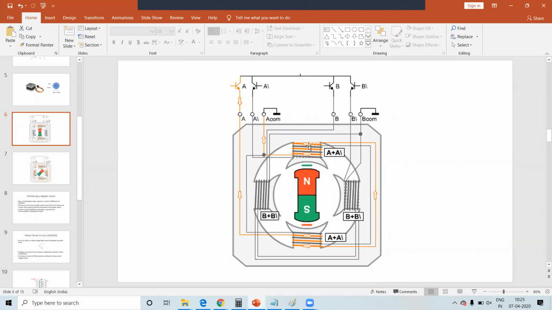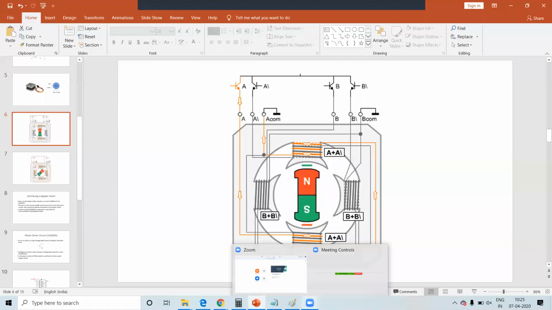What we require is that two of these windings should be excited so that the magnetic field that is generated will push it from this to this. So A and B must be equal to 1, or any two of them must be equal to 1, either A or B, or A bar or B bar. Any two of them must be equal to 1.